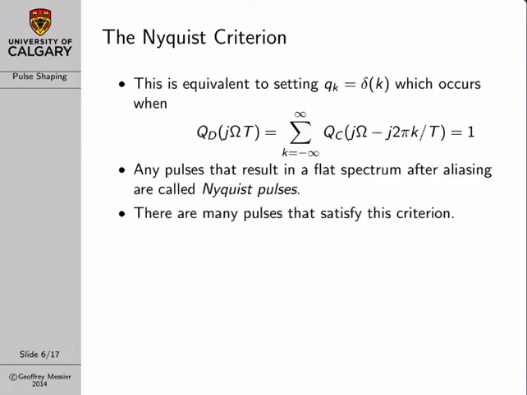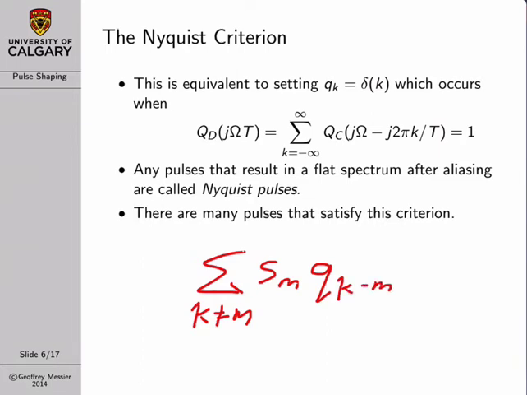Now recall that the intersymbol interference term a few slides ago is equal to the summation over k not equal to m of s_m q(k minus m). And so we want this term to be 0.